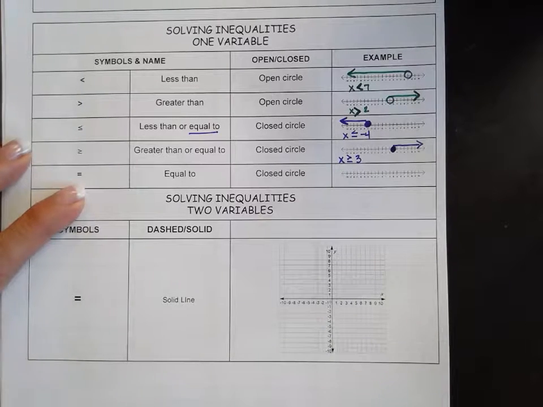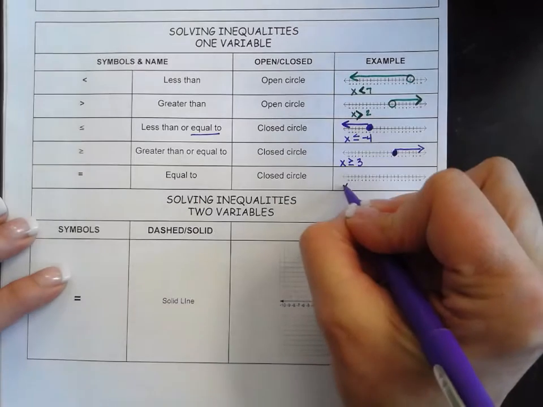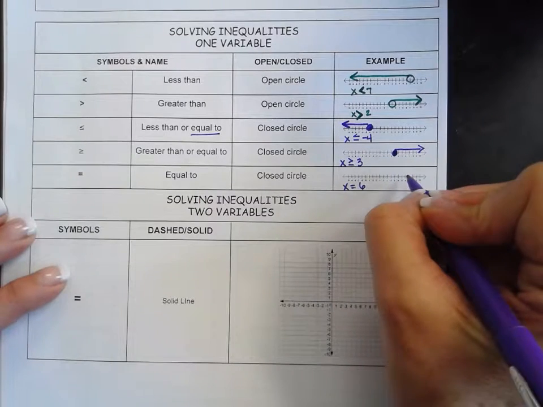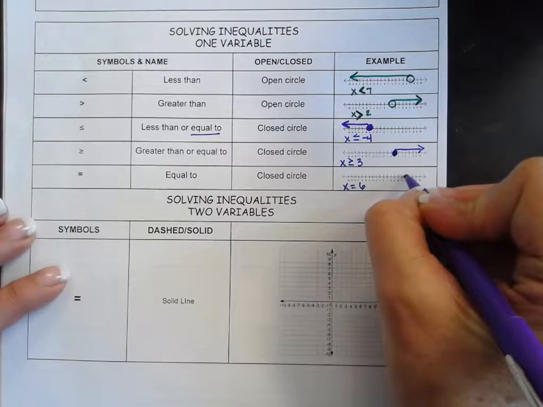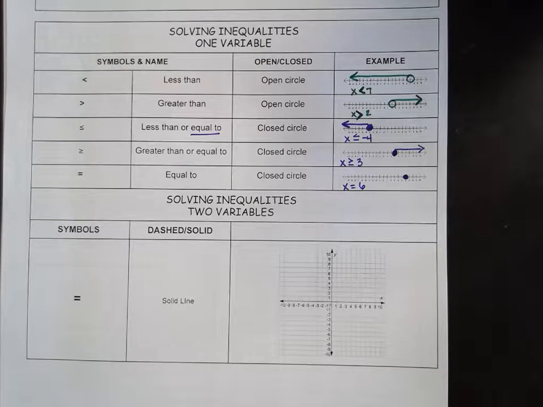Okay, then we have our equal sign. So if x is equal to 6, sure, then that means you just have a closed circle on 6. All right, are we good so far?